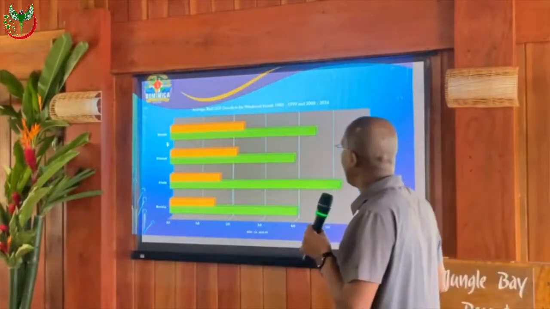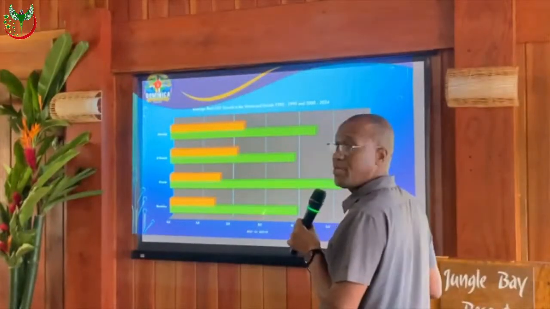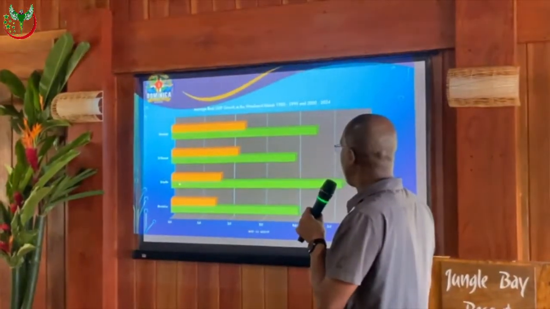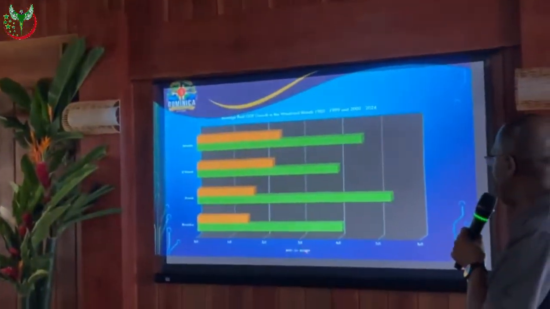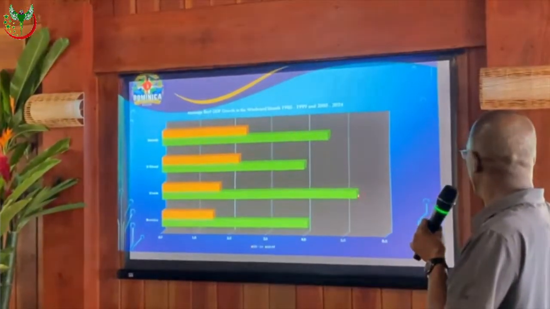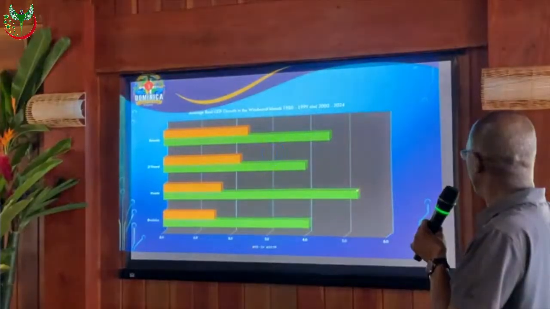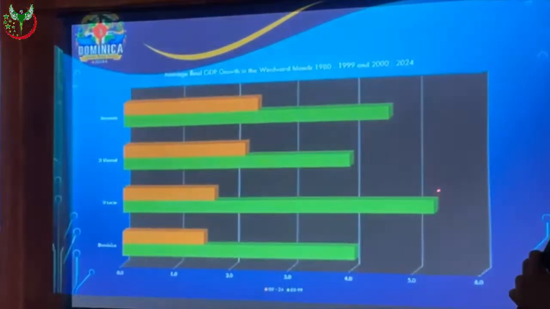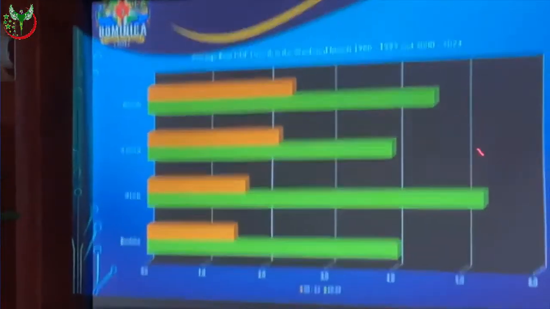So let's look at the lime green one first. During that period, the country that performed the best between 1980 and 1999 would be St. Lucia. St. Lucia recorded growth of about 5% during that time. That's an average growth.